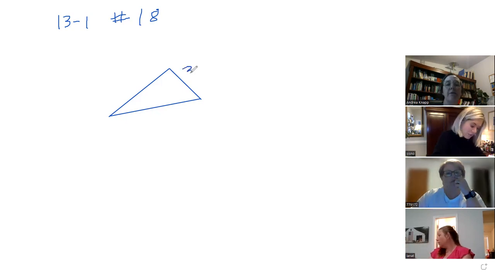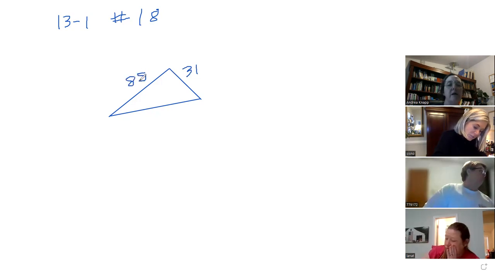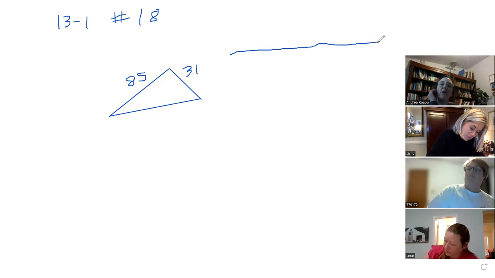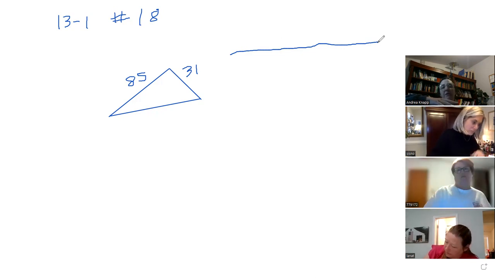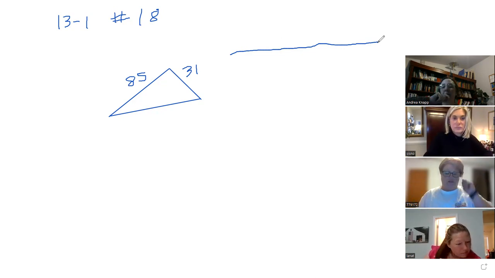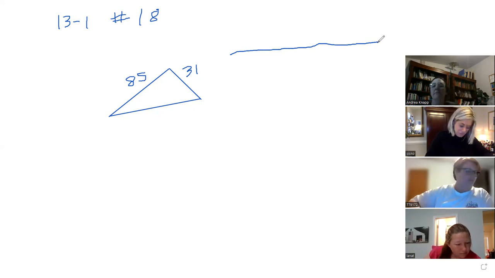Okay, so we'll label this one as 31 and this one as 85. And keep in mind, if you flattened out those two sides to a straight angle and made it completely flat, then you would have just 85 plus 31. So you'd have 116.